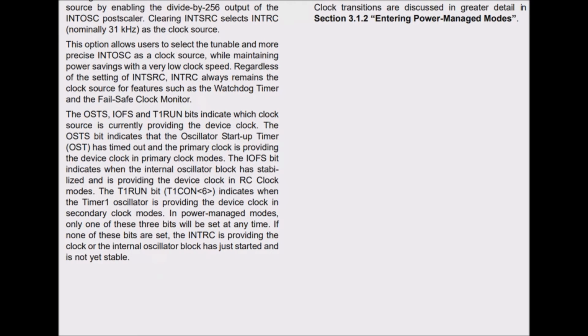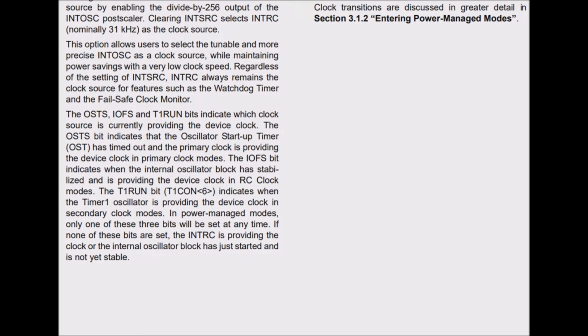The IOFS bit indicates when the internal oscillator block has stabilized and is providing the device clock in RC clock modes. The T1RUN bit, T1CON 6, indicates when the timer 1 oscillator is providing the device clock in secondary clock modes. In power managed modes, only one of these three bits will be set at any time.